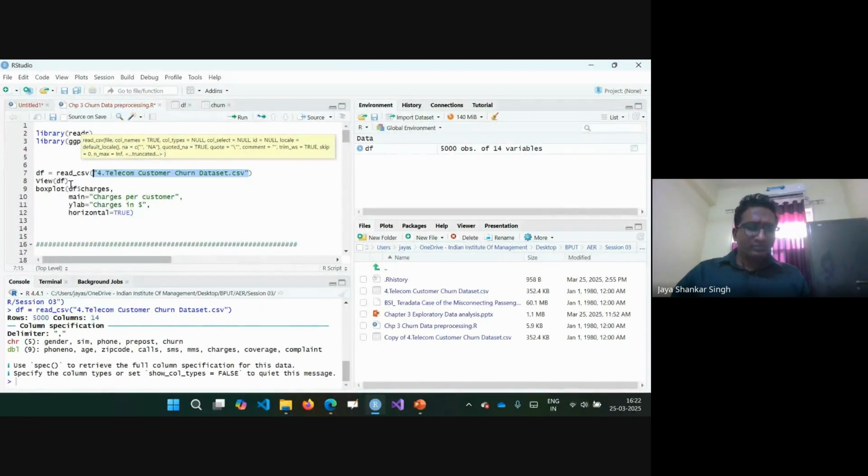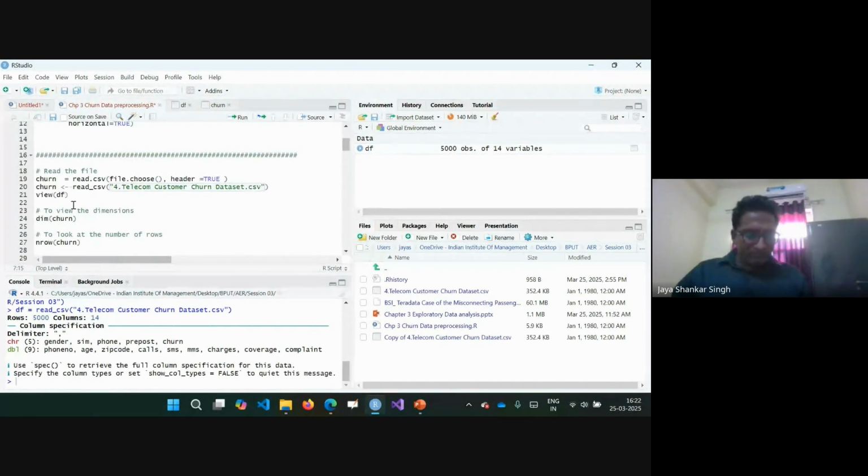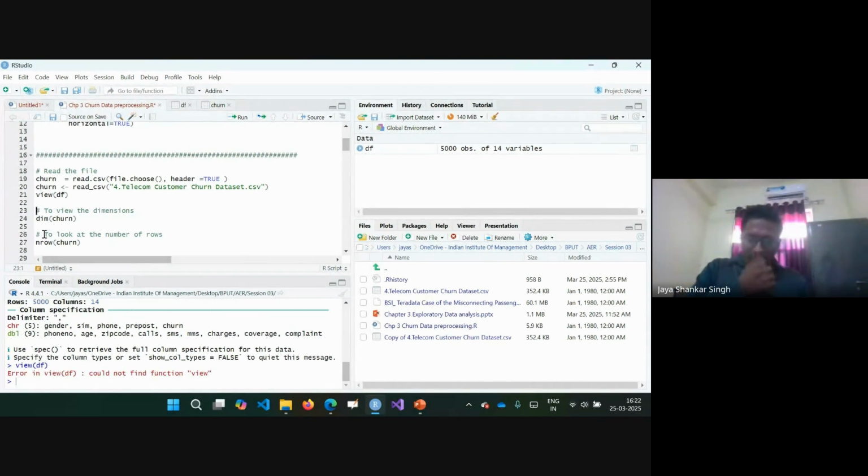Now, let's come down. Suppose I'm trying to run this particular command on line number 21. Now I'm getting the error, could not find the function view. What can be the problem?